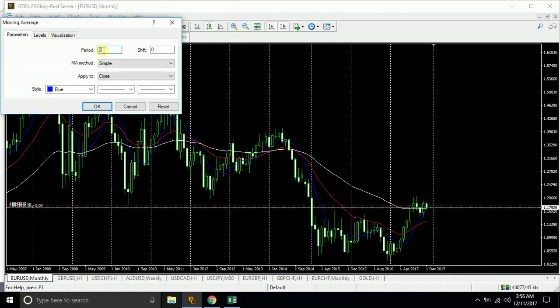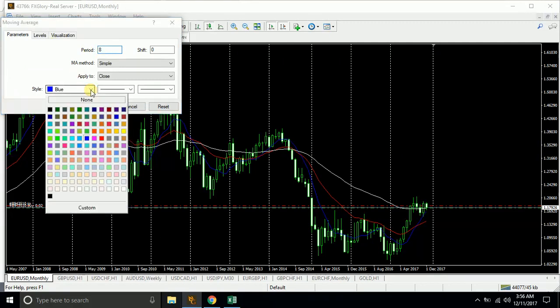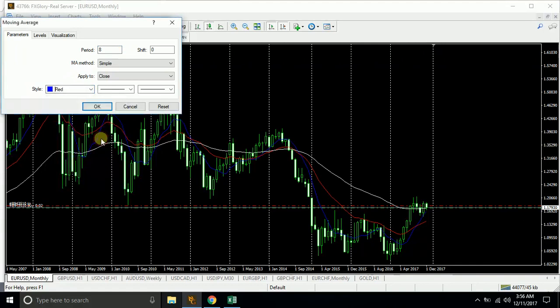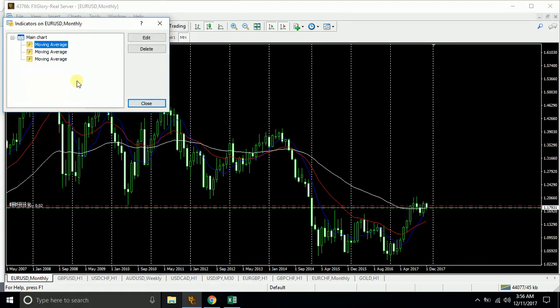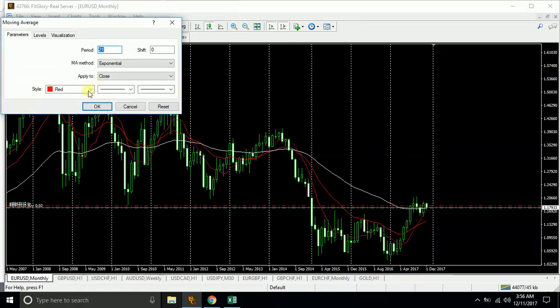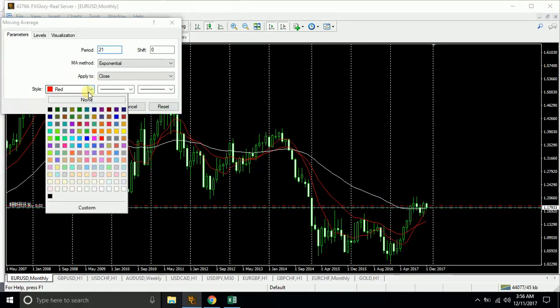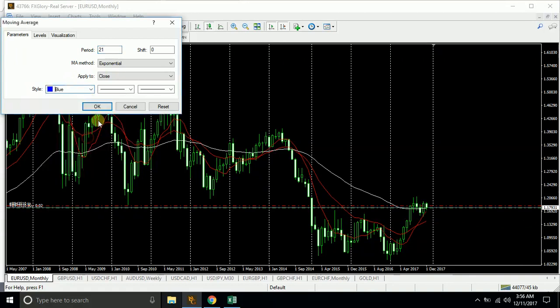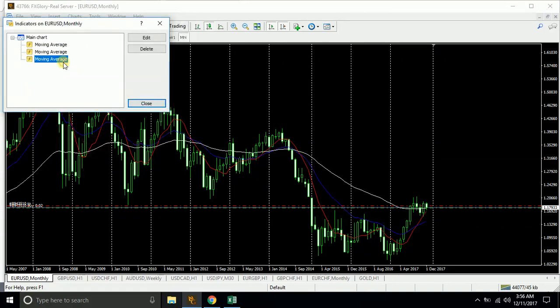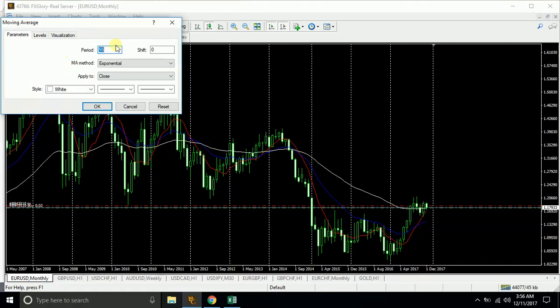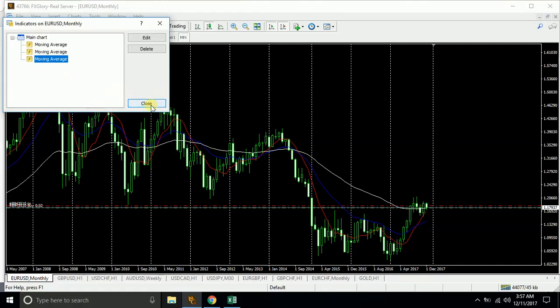The first one is going to be the 8, and instead of blue, the 8 is going to be red. Second moving average, 21, it is going to be blue. Third moving average, 55. We're going to make that white.